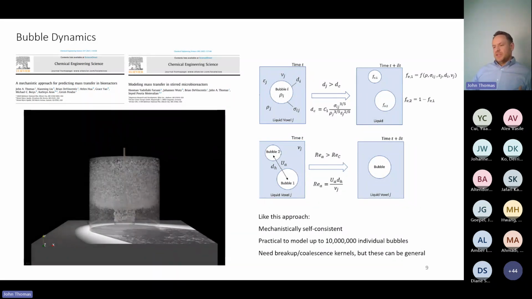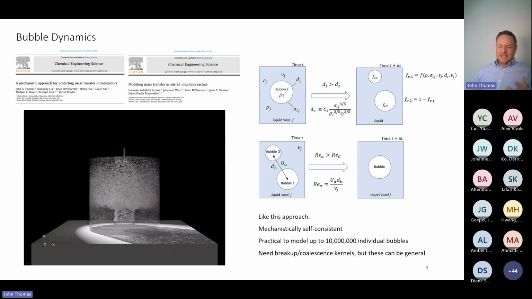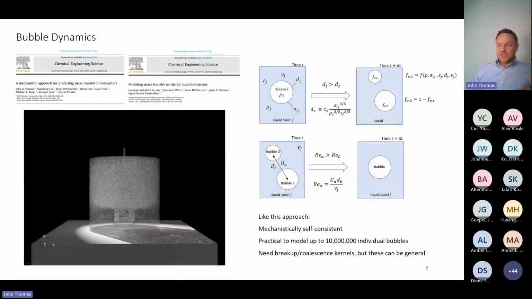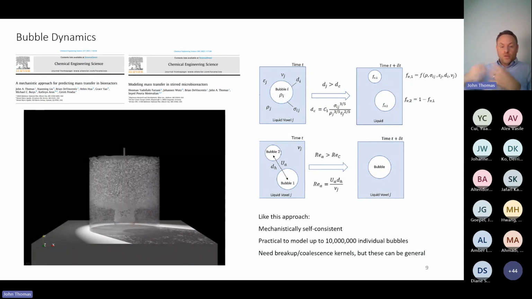What's neat about these approaches is, because they're making an appeal to the mechanistic transport carrier, in this case individual bubbles, our breakup and coalescence logic becomes very simple and self-consistent. We can define breakup as occurring when a bubble enters the region where the EDR overcomes the restorative force of surface tension.